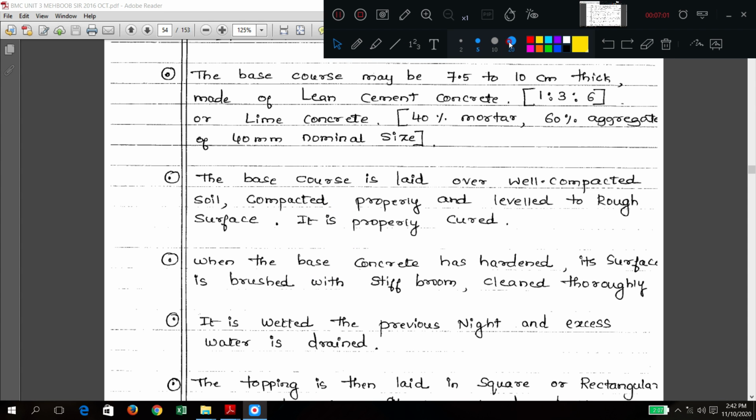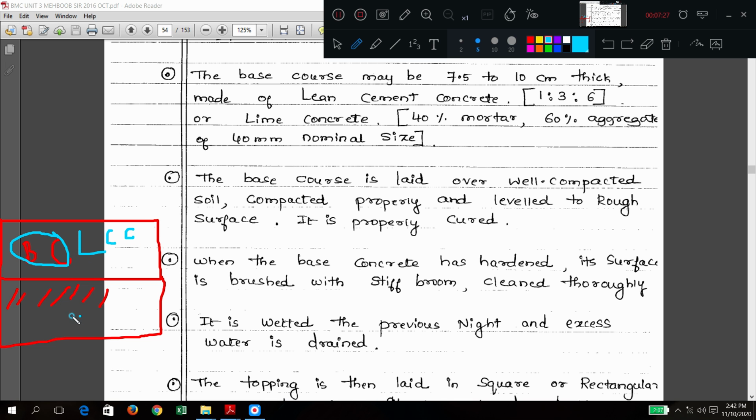So here I will draw first the base course. Beneath this there is compacted earth. Next is what? This base course itself we call LCC, lean cement concrete.